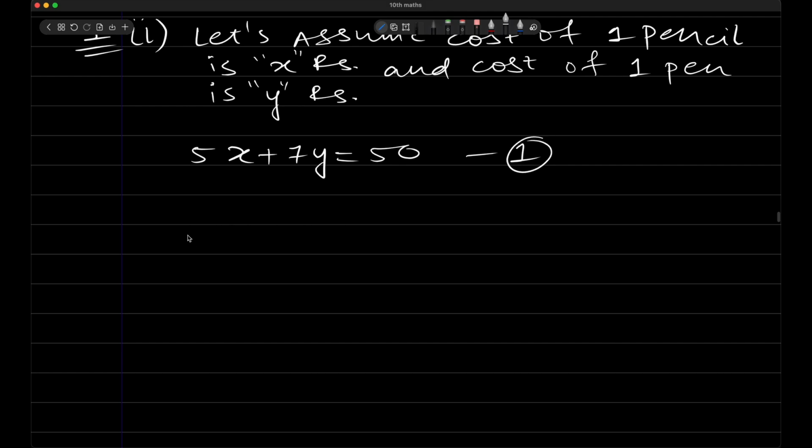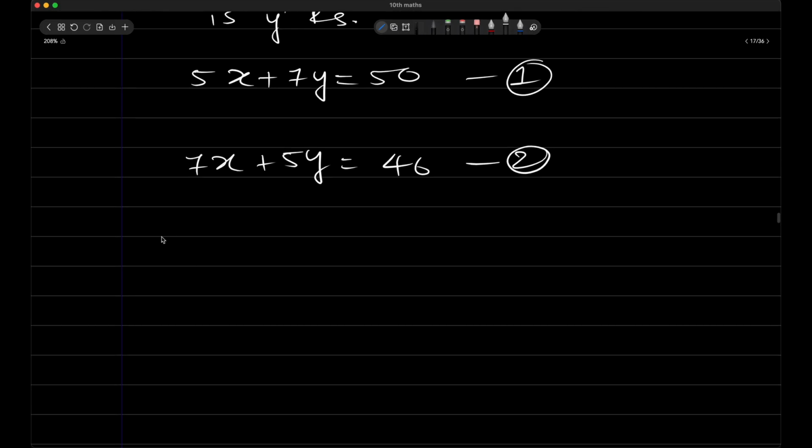Second equation is 7x plus 5y equals to 46. That is 7 pencils and 5 pens together cost 46 rupees. Now to plot these equations graphically, we need at least 2 points, that is 5x plus 7y equals to 50.